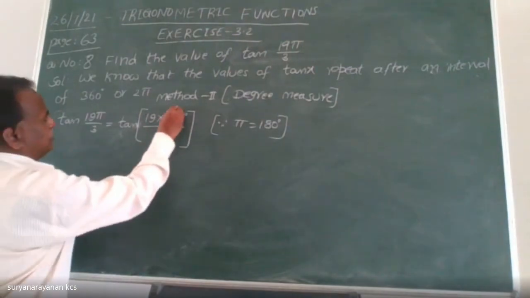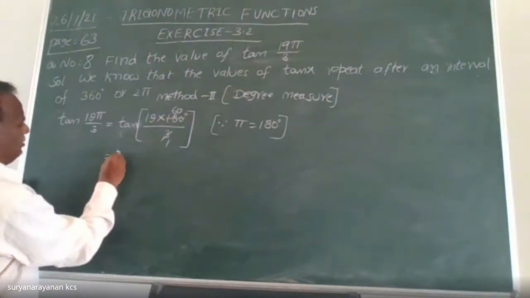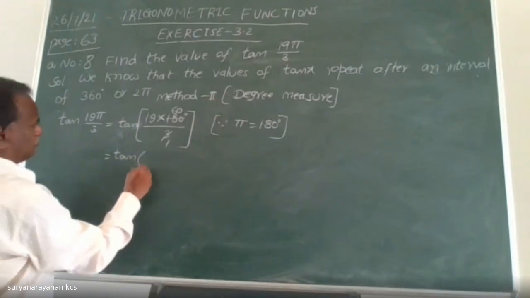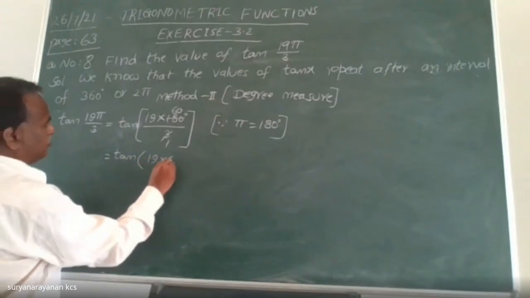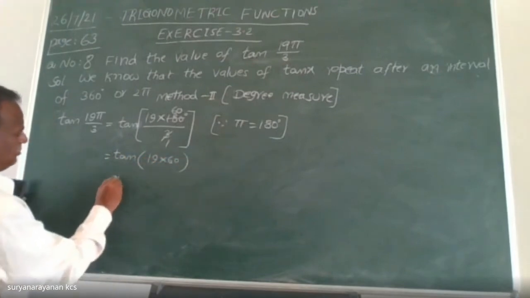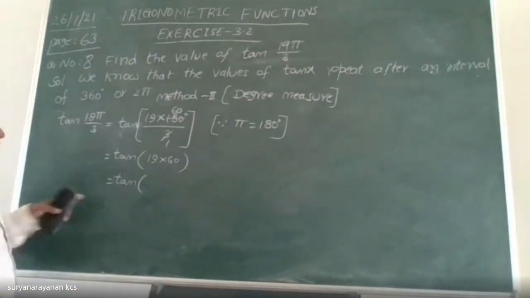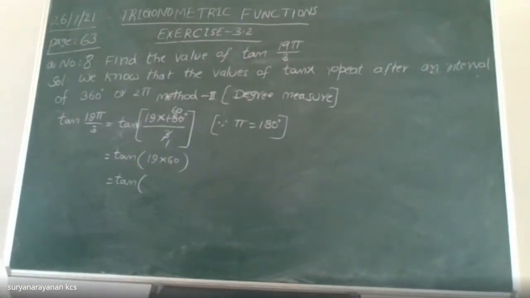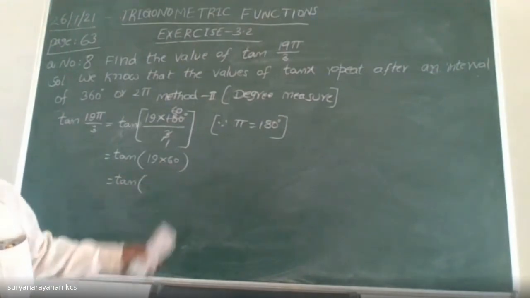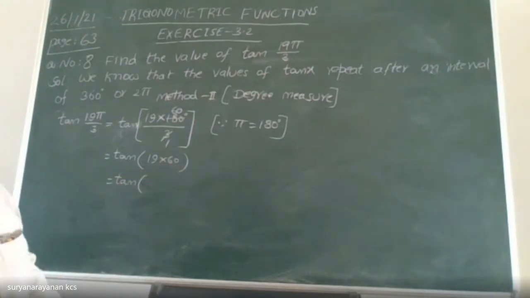Next, 180 by 3 is 60, so tan 19 into 60. Find out the value of tan 19 into 60. Multiply these two numbers and tell me the answer.